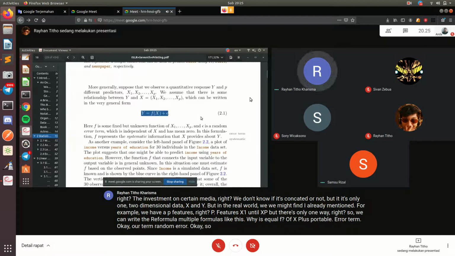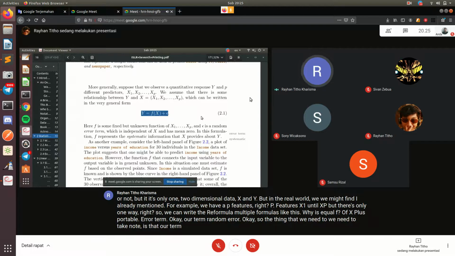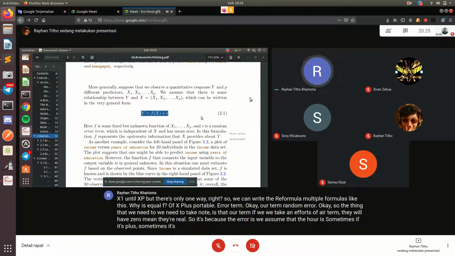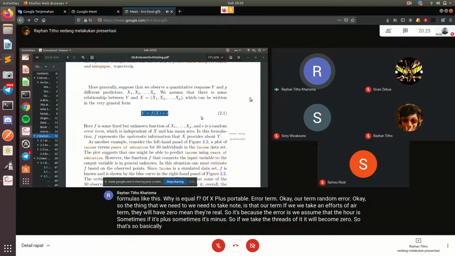The thing we need to take note of is that if we take the average of the error term, it will have zero mean. We assume that the error is sometimes plus, sometimes minus, so if we take an average of it, it becomes zero. So Y is equal to f(X) plus the error term.